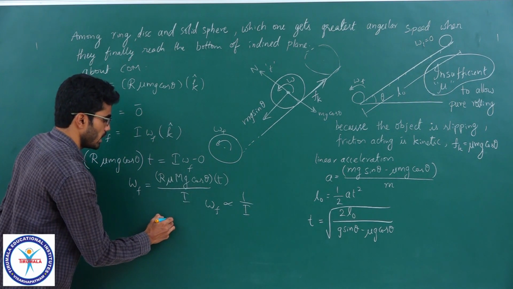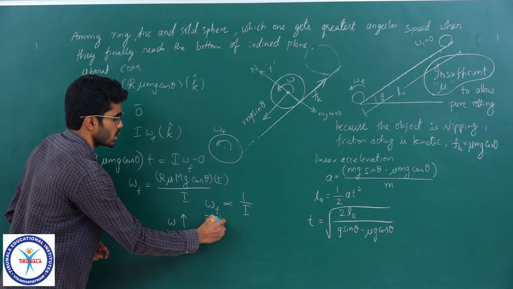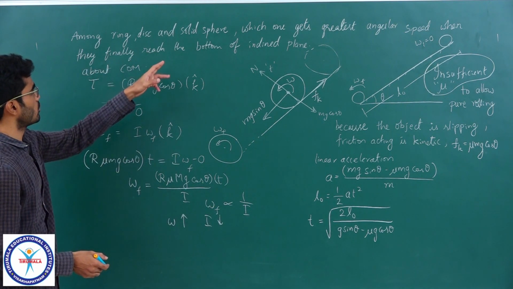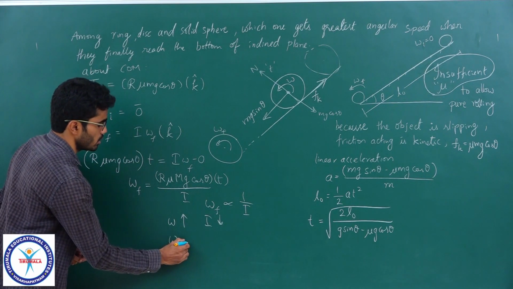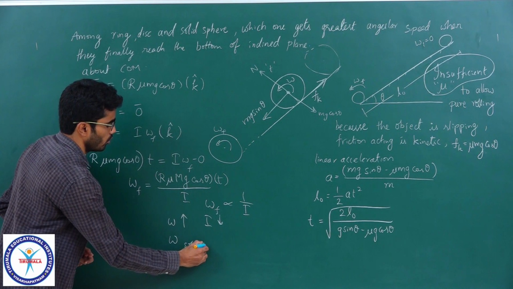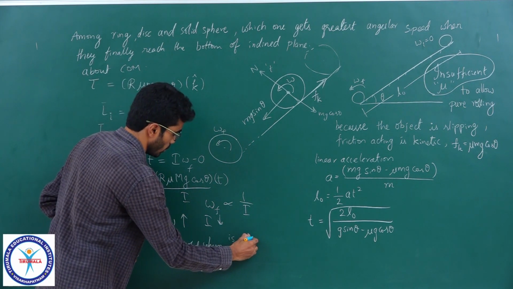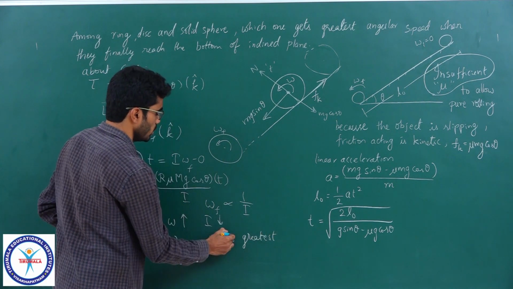So, the angular speed will be greatest if the moment of inertia is least, and the moment of inertia is least for the solid sphere, it is 2 by 5 m r square. So, omega of the solid sphere will be greatest among the 3.